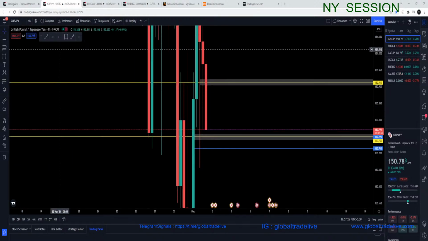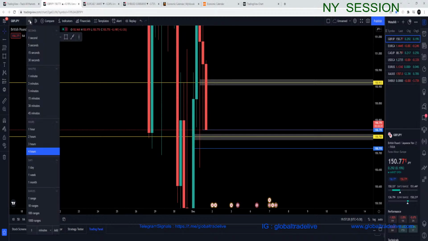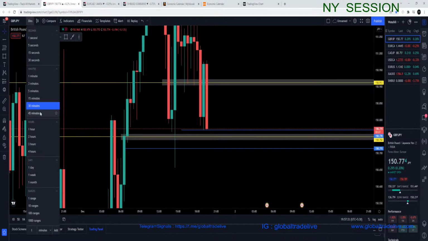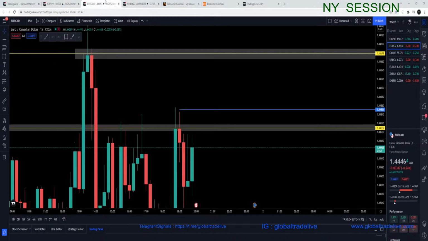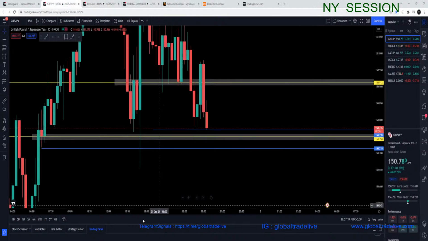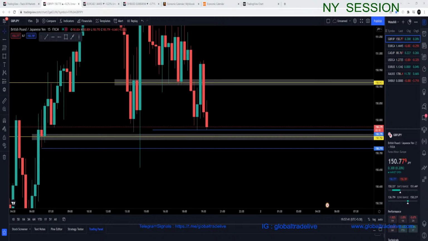But this 4-hour candle, so last 2 minutes left over here. I'm gonna get ready with the terminals because now market can do anything.